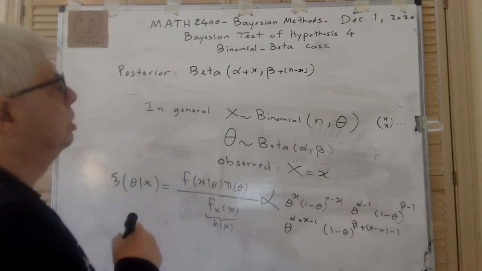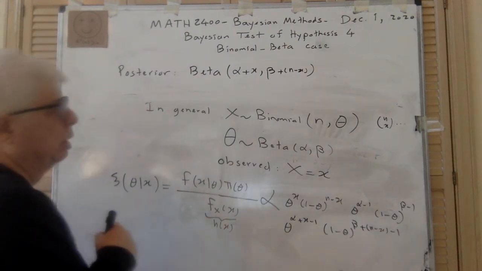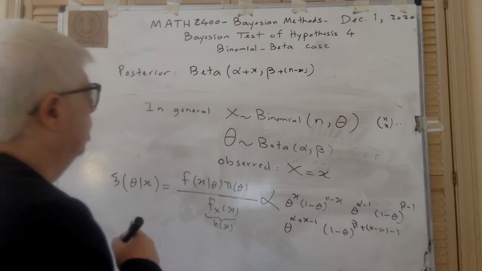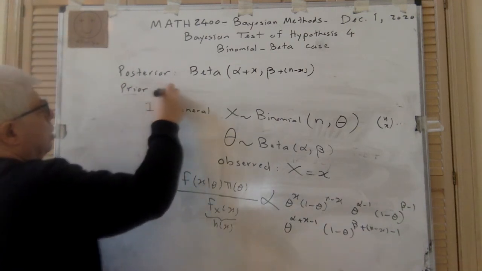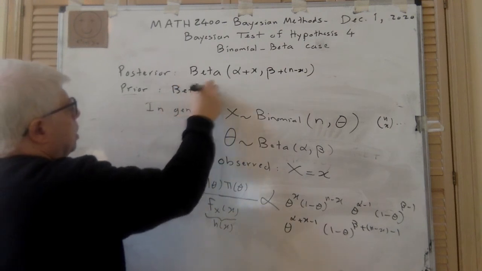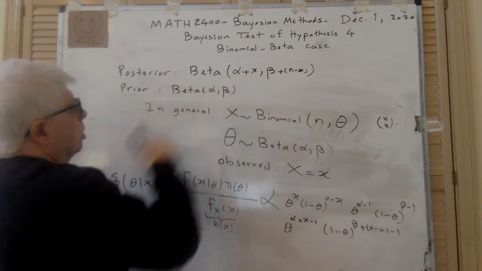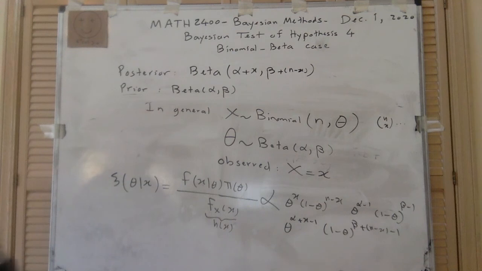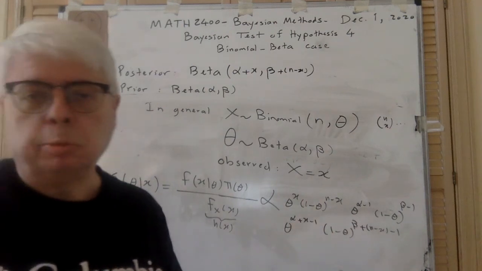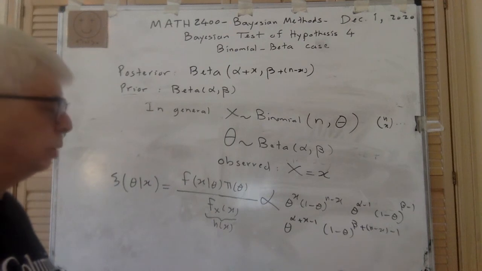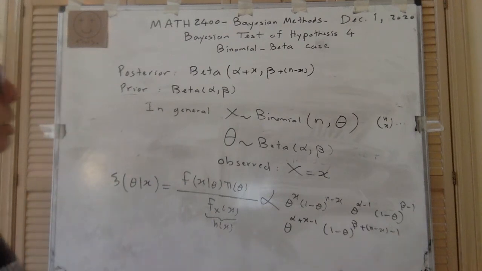So the posterior has this distribution. And remember, the prior was beta with parameters alpha, beta. So that is the posterior if we have binomial as the distribution for the experiment. Okay, so that was this situation.